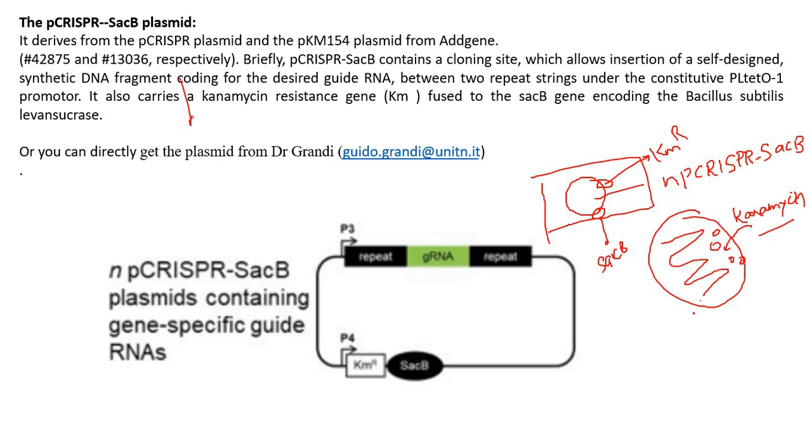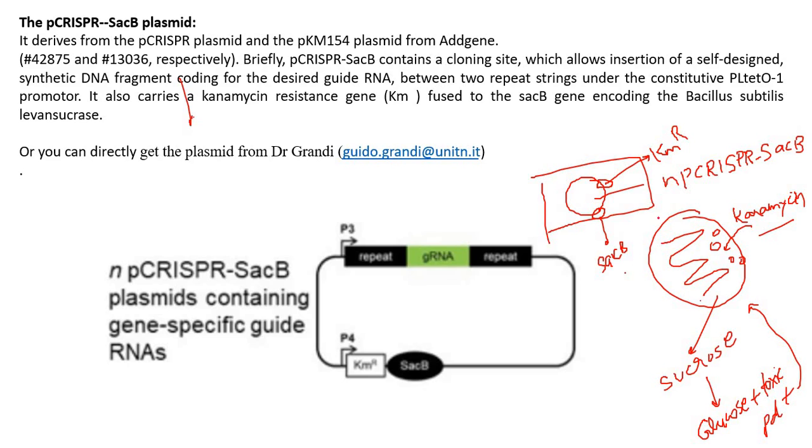Now if in this media you add the sucrose, and this gene is present, then what will it do? It will convert sucrose to glucose and a toxic product. Okay? And this toxic product is going to kill this bacteria.